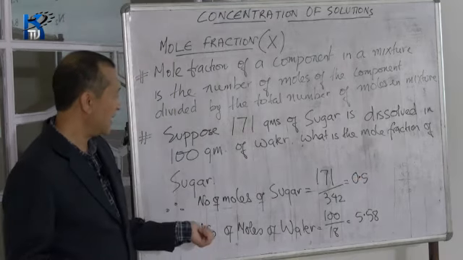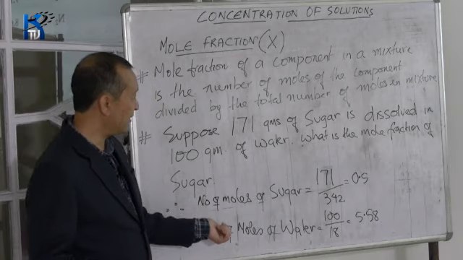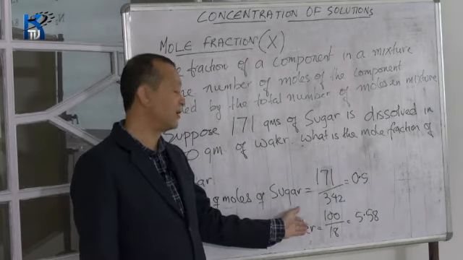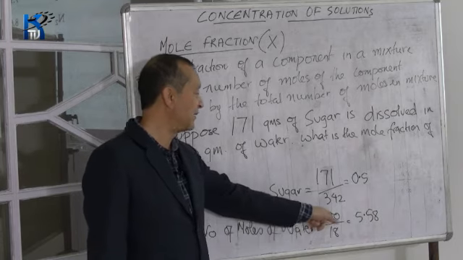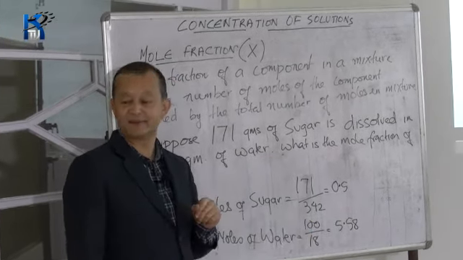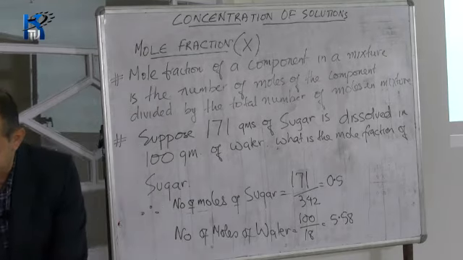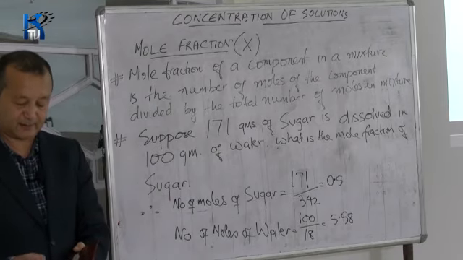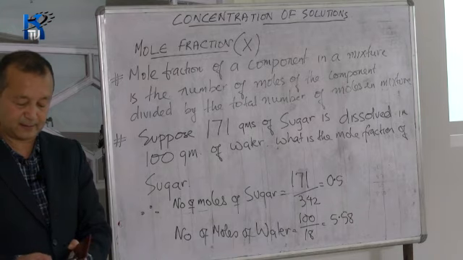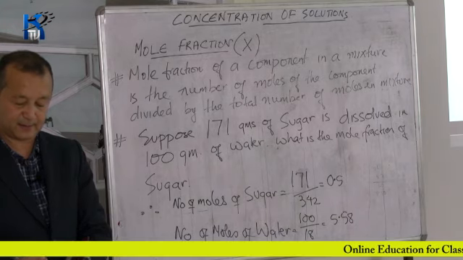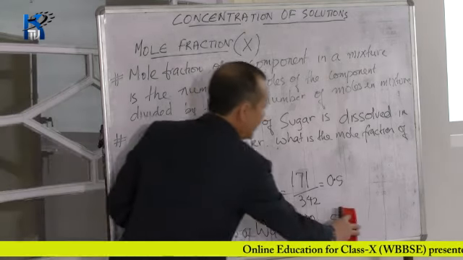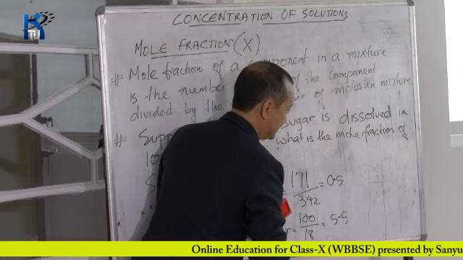Similarly, the number of moles of water is 100 divided by 18. 100 divided by 18 is 5.55.